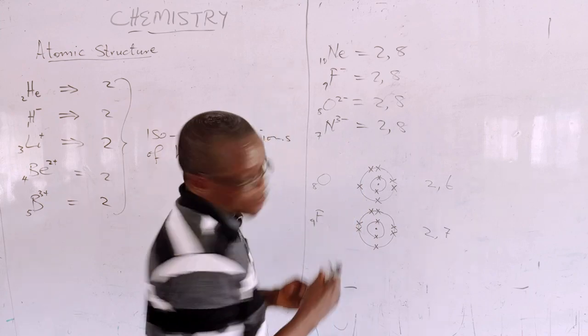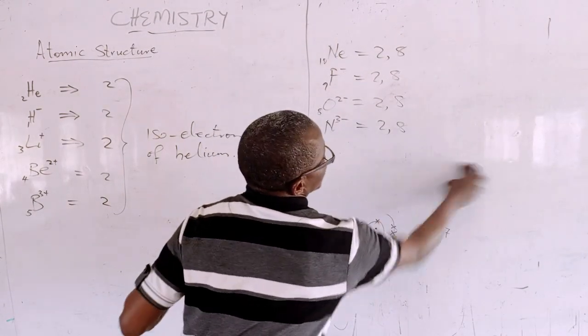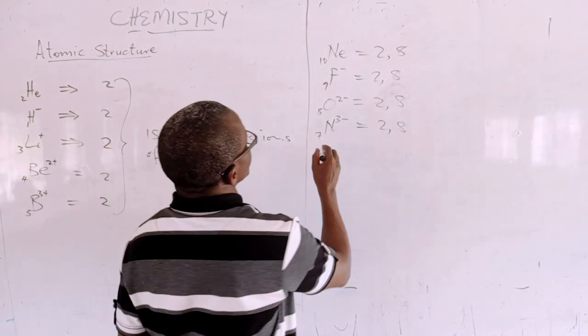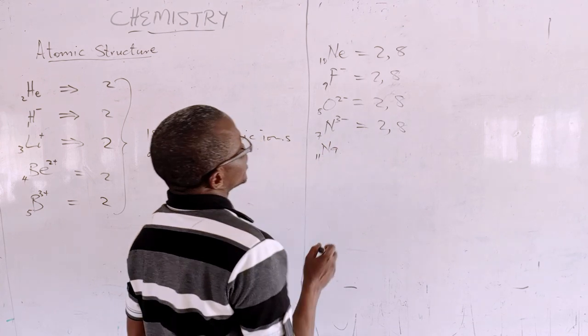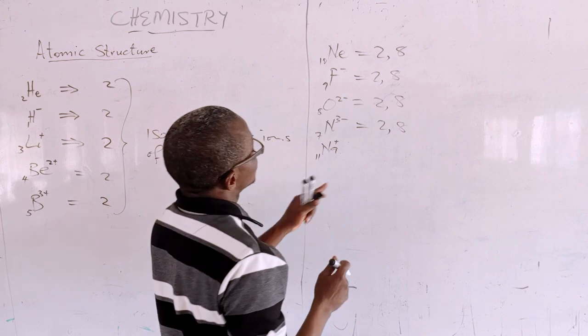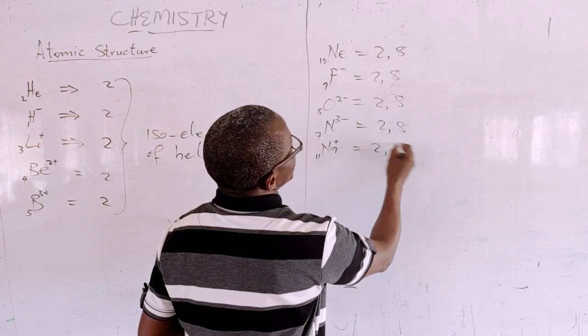If you go for those above it, like sodium, Na, with atomic number 11, it will give out 1 to bring the number of electrons down to 10, which will be 2 and 8.